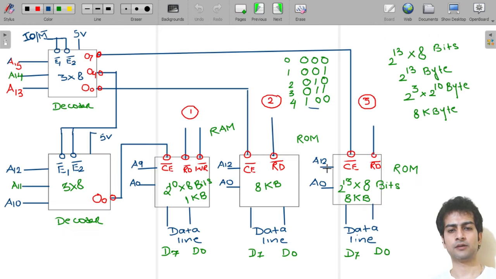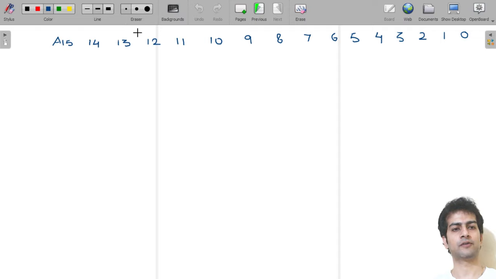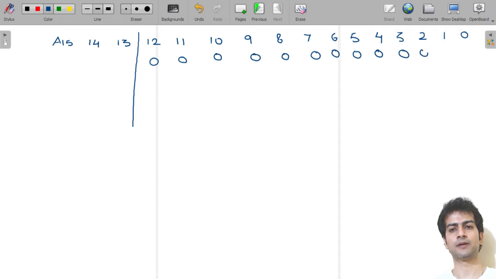Now see what address lines are connected here: A12 to A0. First write A12 to A0 as all 0 because the range starts with all 0, and then write all 1 because the range ends with all 1.